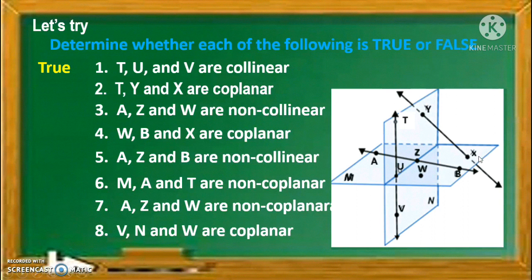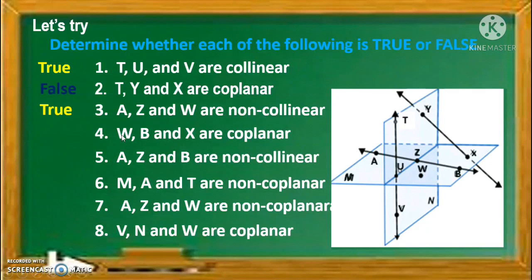That is false, kasi they do not lie on the same plane. Next, A, Z, and W are non-collinear. Ibig sabihin, hindi sila magkalinya. And it is true. They do not lie on the same line.